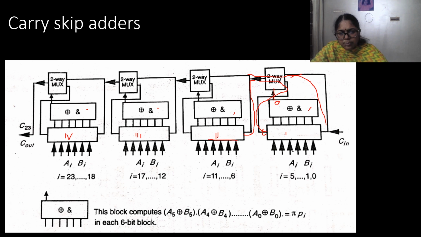Once again, the inputs which are given to this particular block are also given to the special circuitry of this block. Thus, the block propagation signal is generated, and depending upon whether it is 0 or 1, once again the new carry is selected. So this goes on.